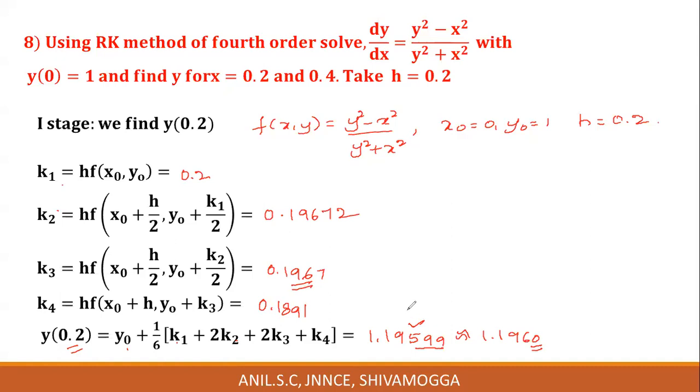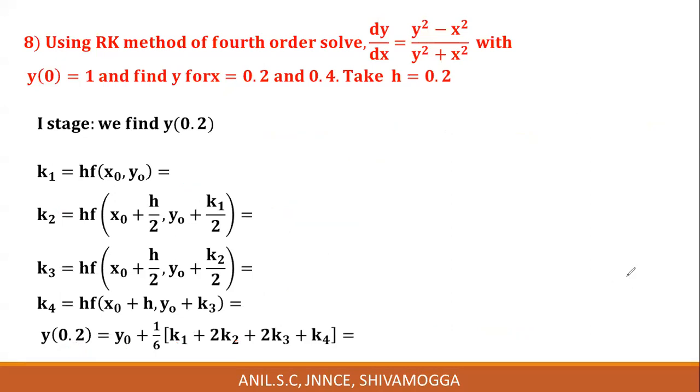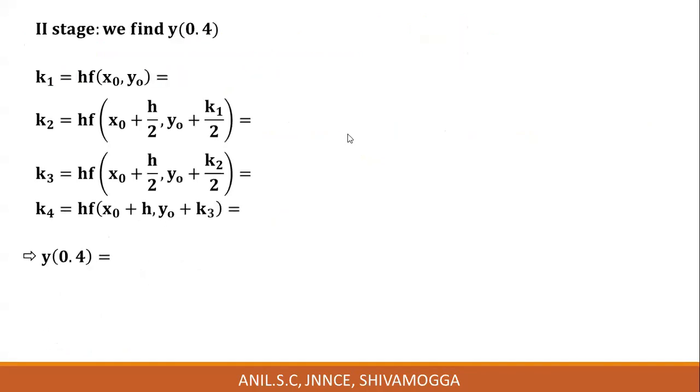Now for this second step, we take this 0.2 as x naught and this 1.1960 as y naught. Let's perform it. Second step. Here we find y of 0.4.